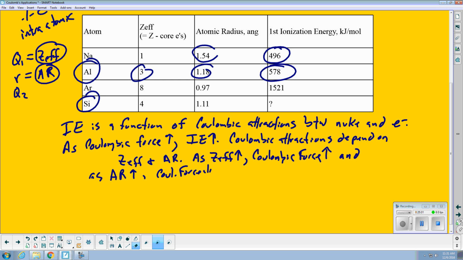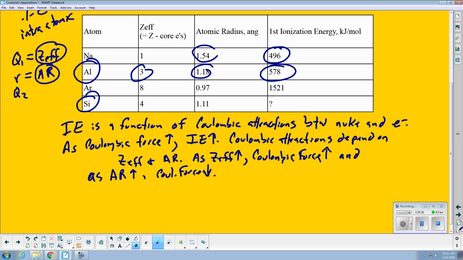Ionization energy is a function of the Coulombic attractions between the nucleus and the electron, yes. As my Coulombic force increases, my ionization energy increases, yes. The Coulombic attractions depend on Z effective and atomic radius, yes. As my Z effective increases, Coulombic force increases, and as my atomic radius increases, my Coulombic force decreases.